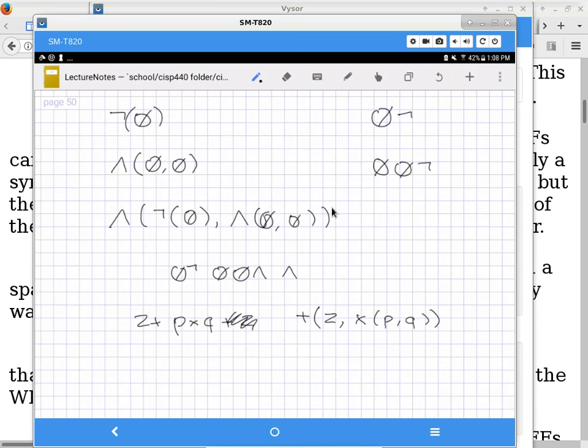But postfix is even better. Because in postfix notation, this becomes PQ times Z plus. There's no implied priority of operation, and you also do not have parentheses. Actually, we're doing it so that we keep the operands in the same order. So you could do Z, PQ, and then plus.